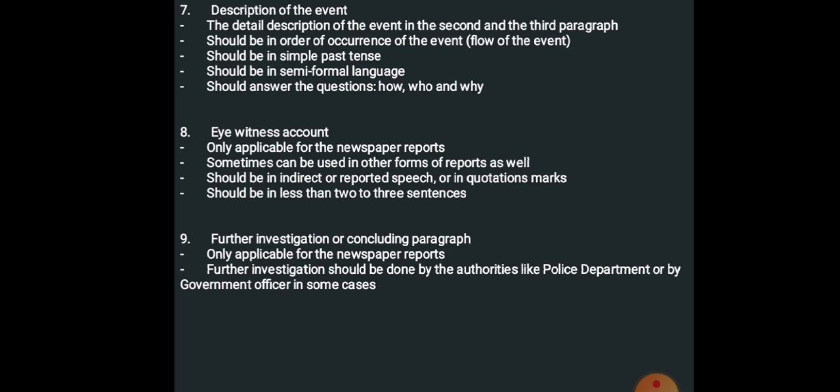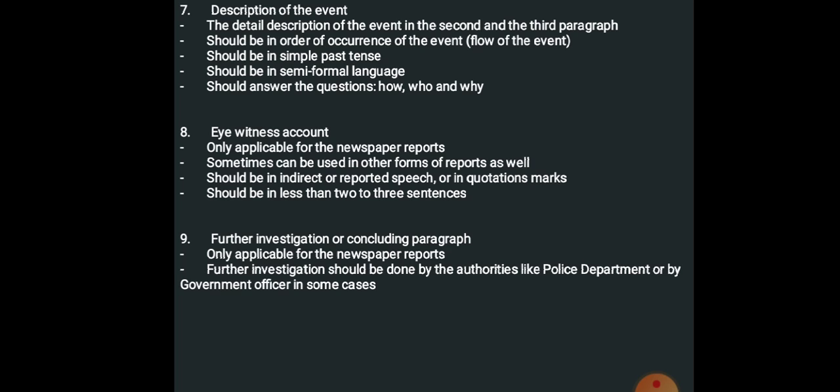Eyewitness account is only applicable for newspaper reports, though sometimes it can be used in other forms of reports, and it should be in reported speech in further investigation or the concluding paragraph. So the whole report should be divided into 3 paragraphs. The first paragraph should say what was the place of the incident, who were present over there, and all these things.